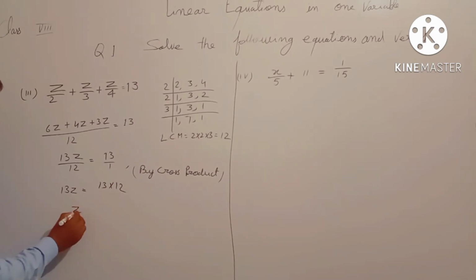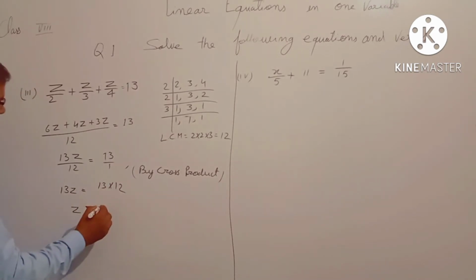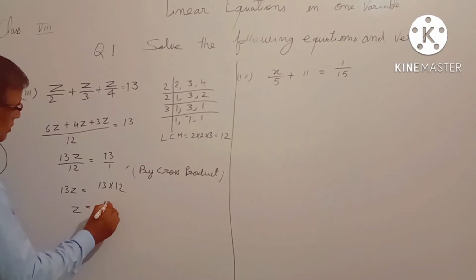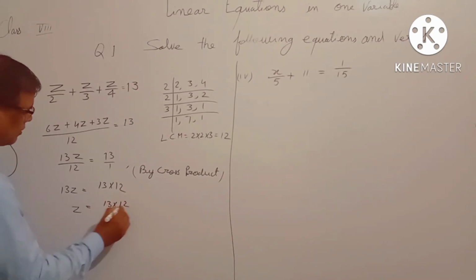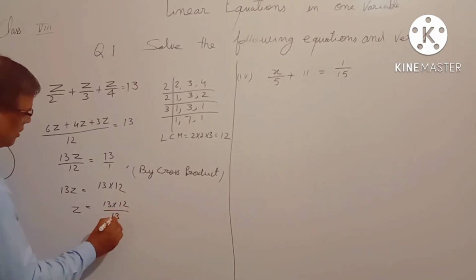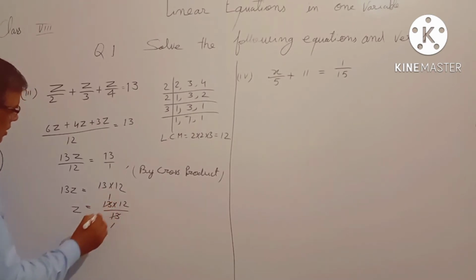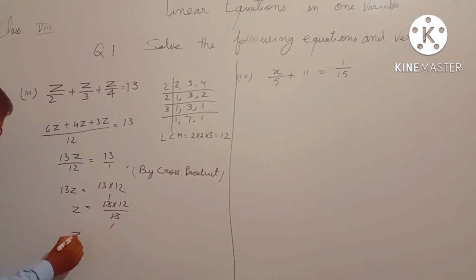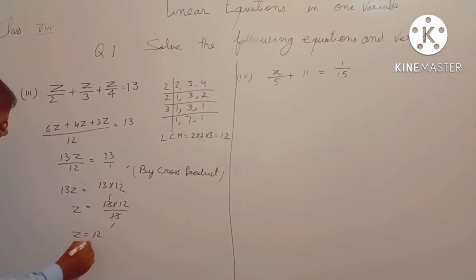Now z equal to, dividing by 13 on both sides, 13 into 12 by 13. 13 ones are 13. Now we see here z equal to 12.